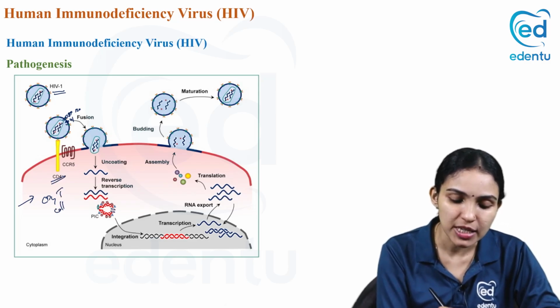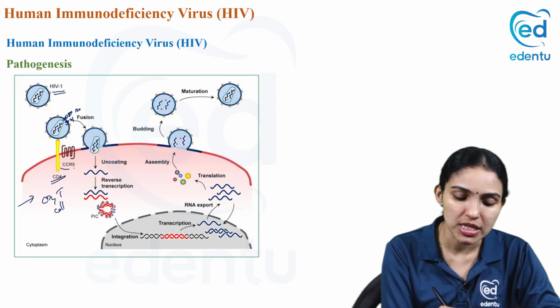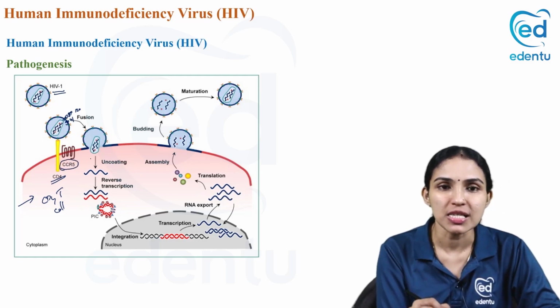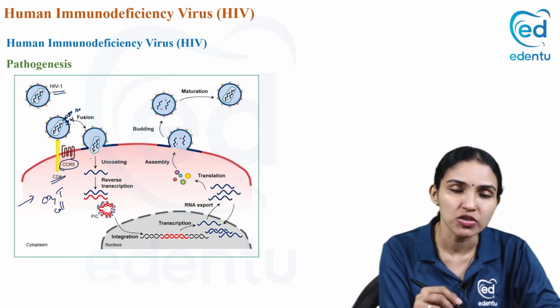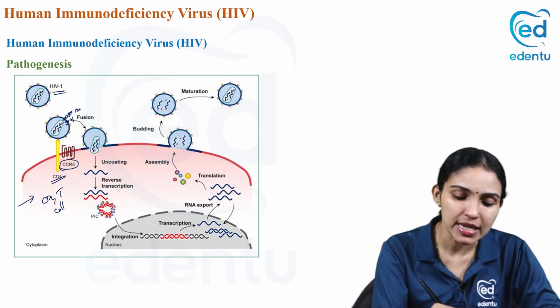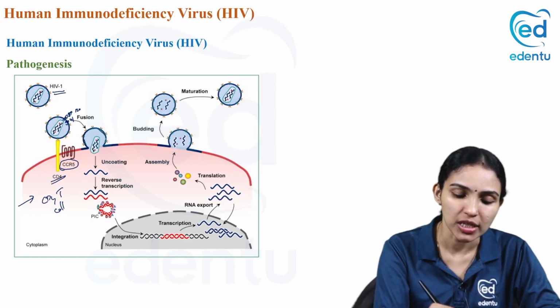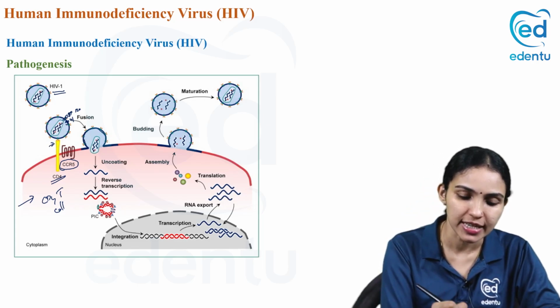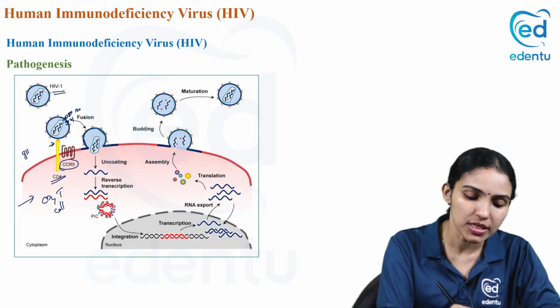This cell has a CD4 molecule on the surface. Also, it has certain co-receptors like CCR5. Both these receptors have to interact with the GP120. Then it leads to attachment of the HIV virus to the cell. So here there is the attachment, that is GP120 binding with the CD4.